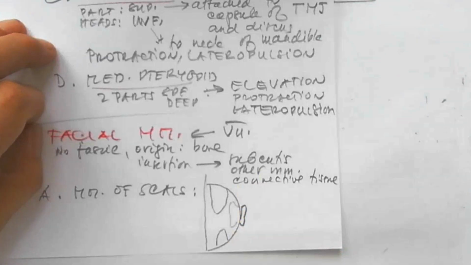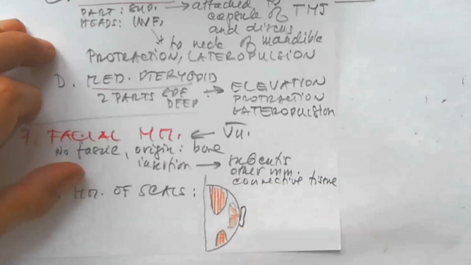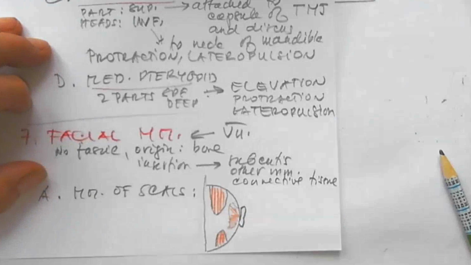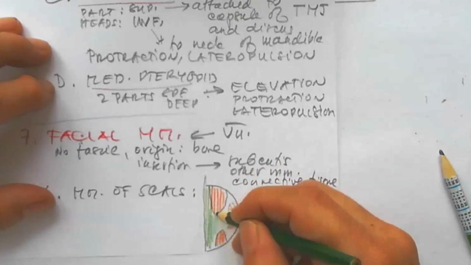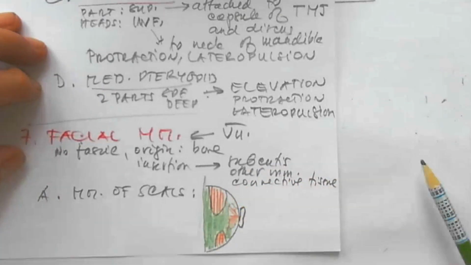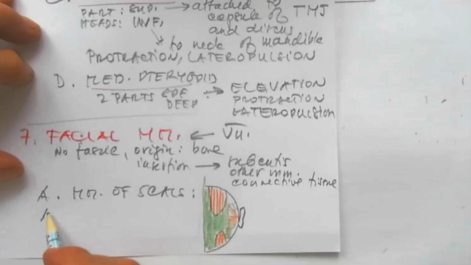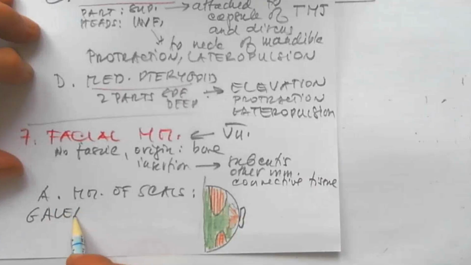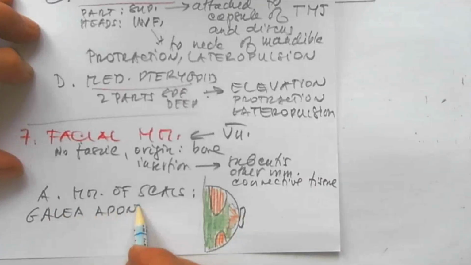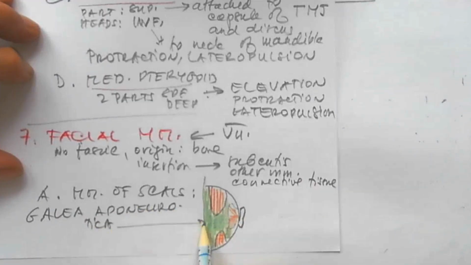Using red for the ventral belly, the dorsal posterior belly, and that oblique part, and using green interconnecting all these bellies, this central part is called galea aponeurotica, the aponeurotic galea, which is the central portion.